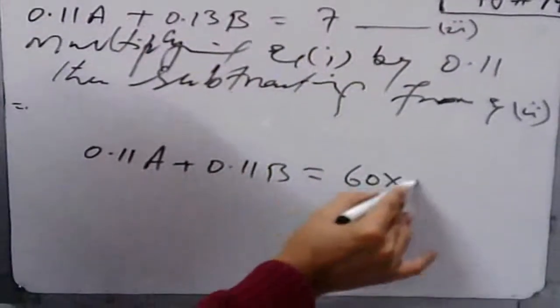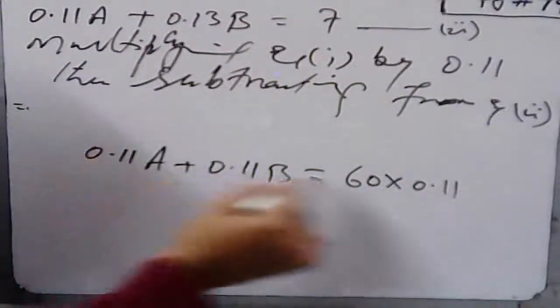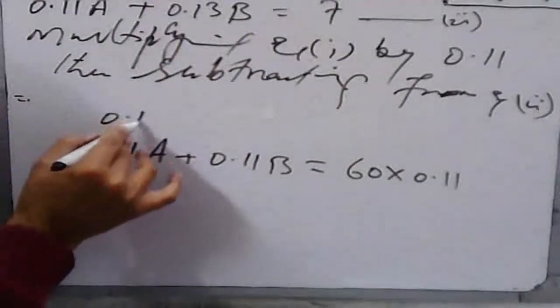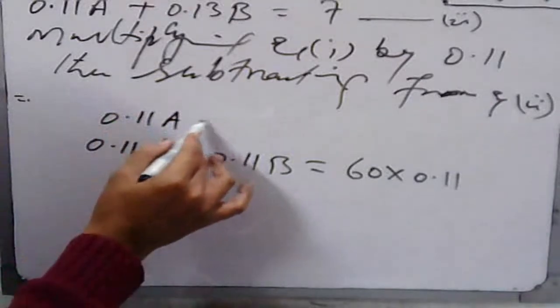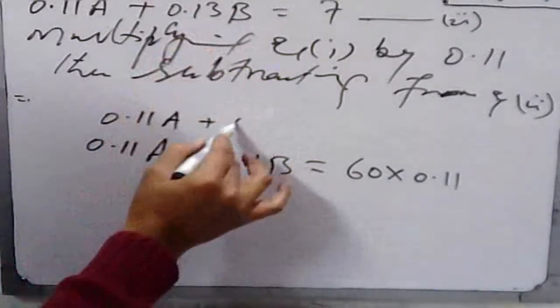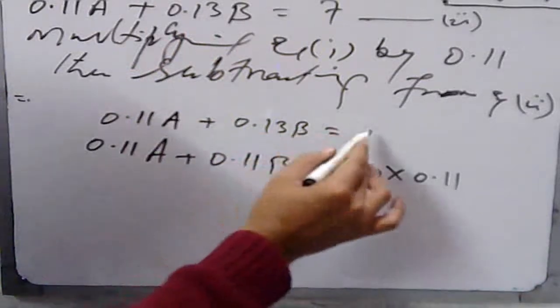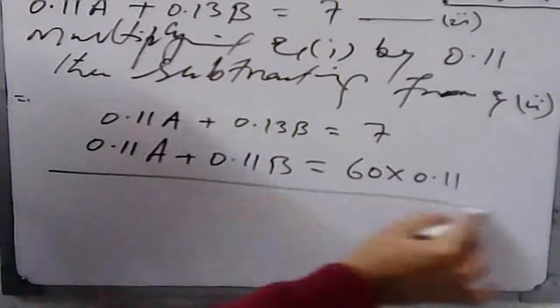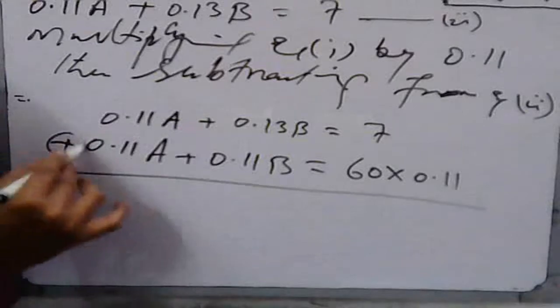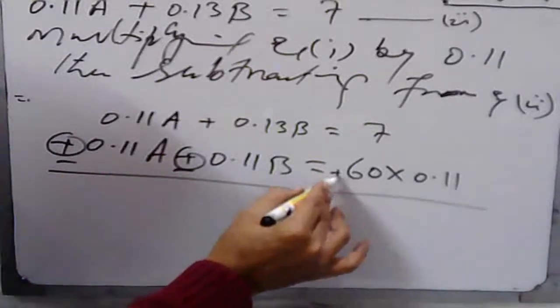It will be subtracted from equation number 2. In subtraction, the sign should be changed, so a will be cancelled.